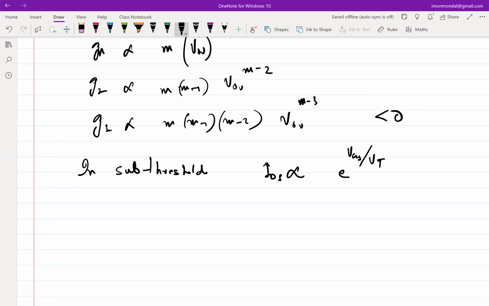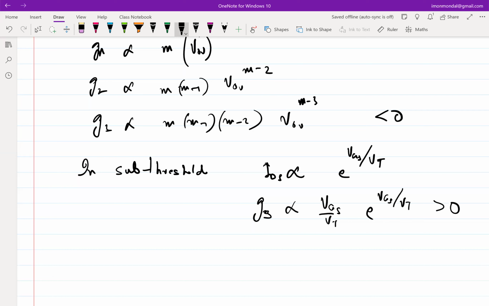The reason I'm leaving it out is because if I have to find out G3, it is proportional to, in this case, something times VGS by VT times e to the power VGS by VT. And the sign of this is positive or negative? This is positive.